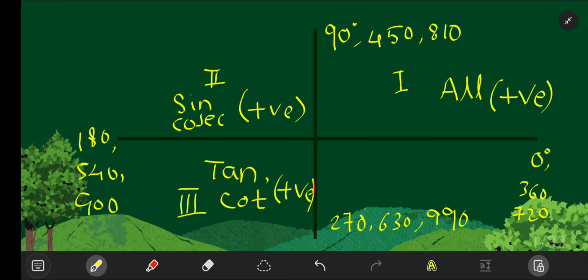Next, fourth quadrant. Here, cos and sec are positive. Cos and sec are positive in fourth quadrant. These are the signs of trigonometric functions in these 4 quadrants.